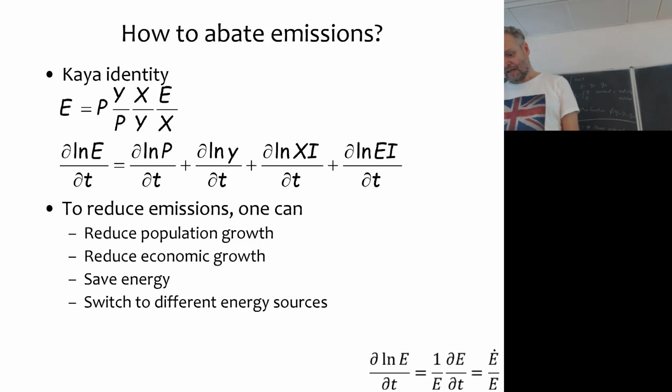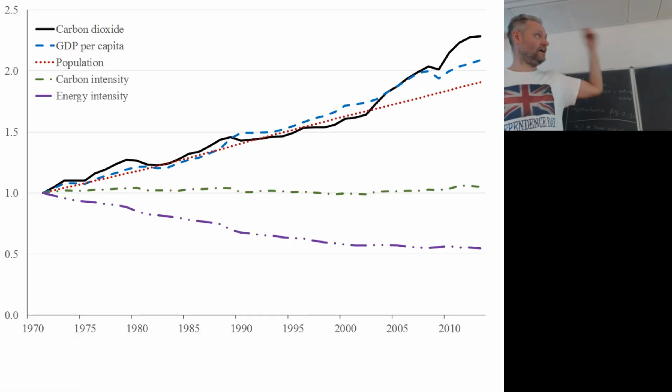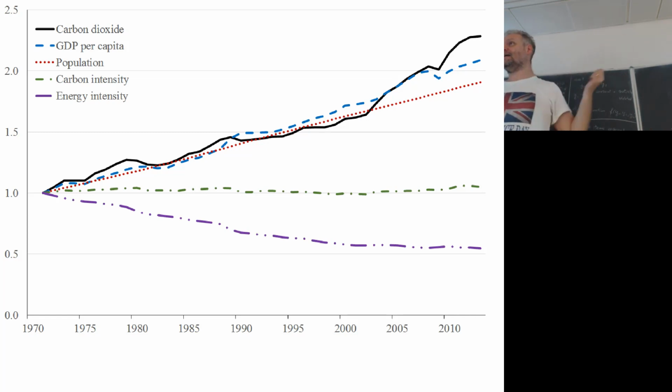Saving energy. There's a lot of things that go on through the market. I showed you this thing. And what we've seen is that from the 70s onwards, we actually see a market improvement in energy efficiency. Bill Nordhaus has a fabulous paper that actually takes this back to Babylonian times for lighting.